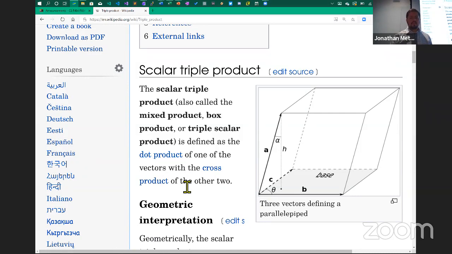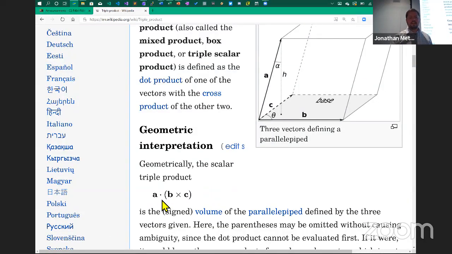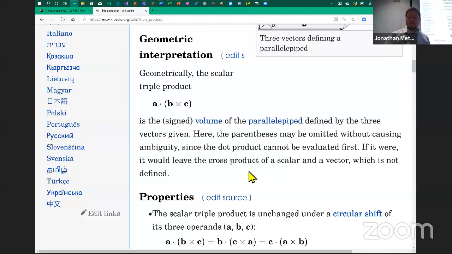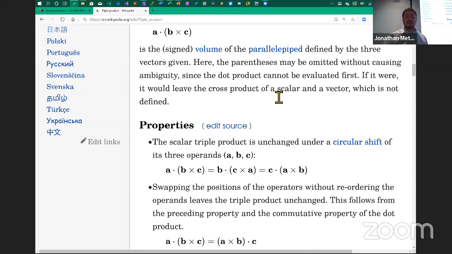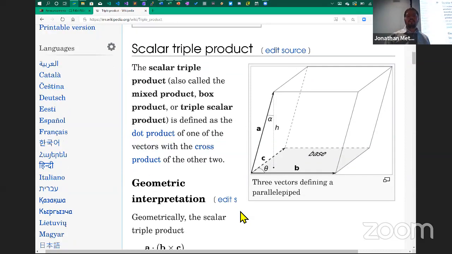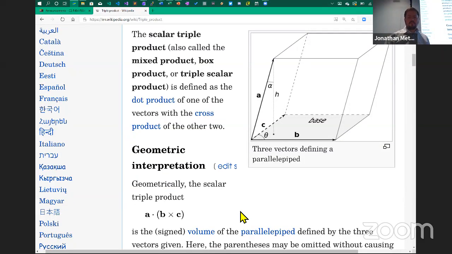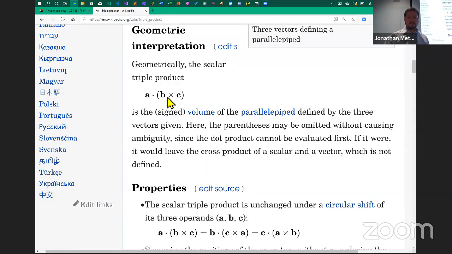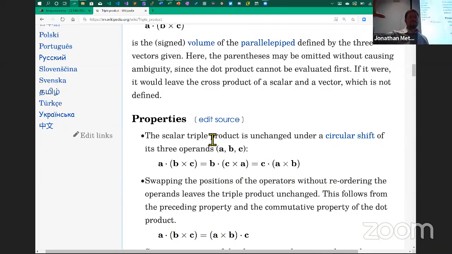The triple scalar product is defined as A dot B cross C. This is the signed volume of the parallelepiped, whereas the cross product represents the signed area for the base of the parallelepiped. So the triple scalar product gives us the volume, and the cross product gives us the area.